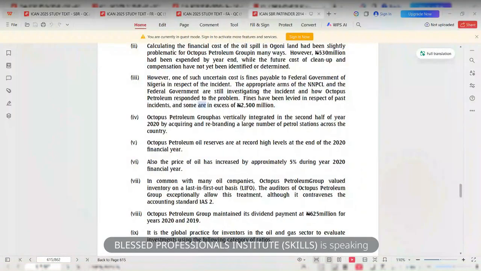If I want to do this inside the examination and I have the time, I will be picking these ratios one after the other. I will say return on capital employed.